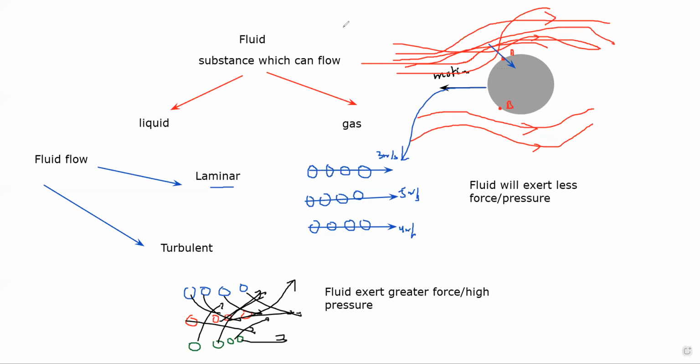Same thing, fluid flow can be used for landing and takeoff of aircraft. For example, if this is representing the wing of the aircraft, and the aircraft is moving towards the left, what will be the direction of the fluid flow? The direction of the fluid flow is towards the right.